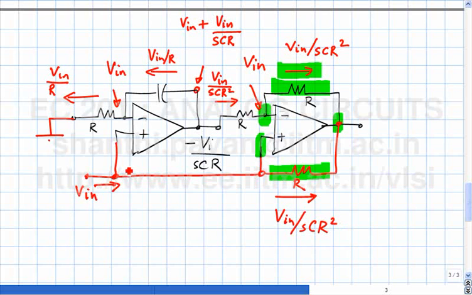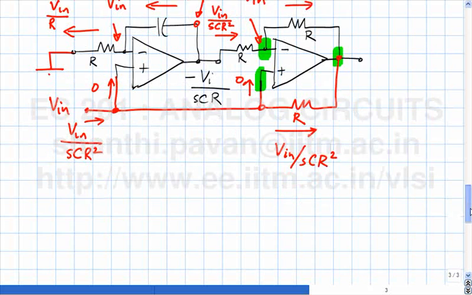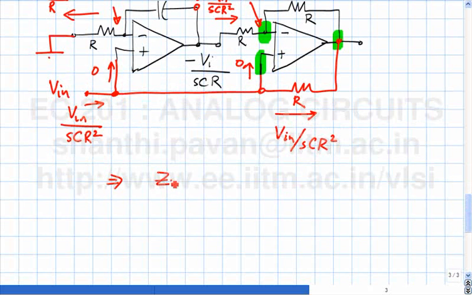This must come from here because the currents going in here and here are both 0. So the total current going in is nothing but, if a voltage Vn is applied here, Vn by SCR square, which means that the input impedance is nothing but SCR square.